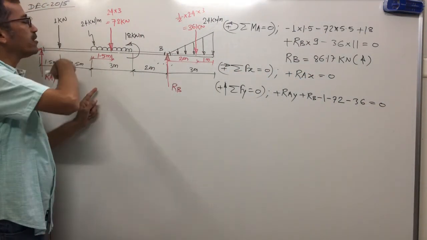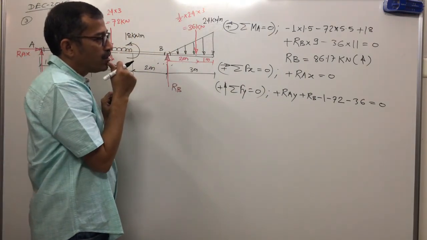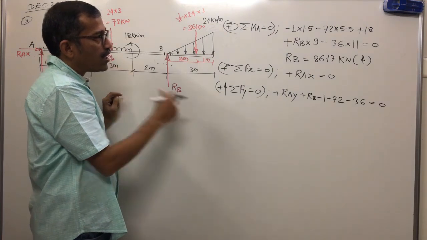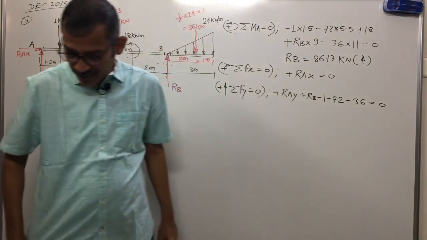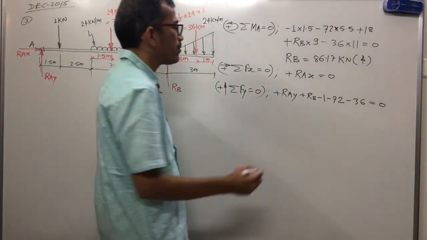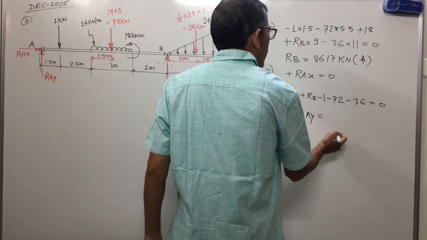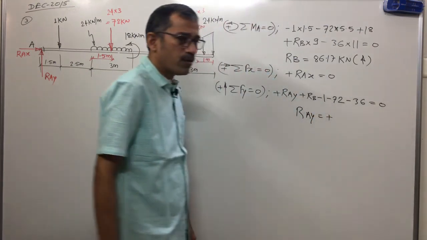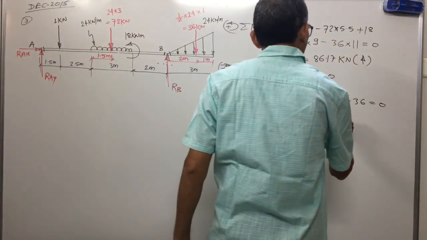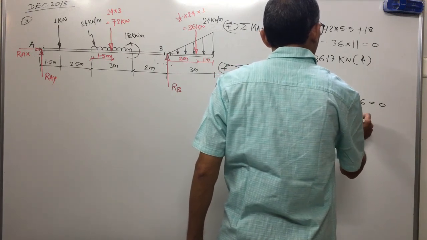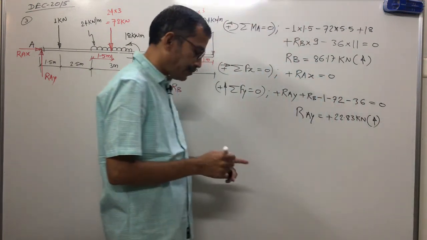Now what will we do? Substitute RB here, 86.17, and find Ray. Again, this answer comes out positive: 22.83 kilonewton. This one is again upward.